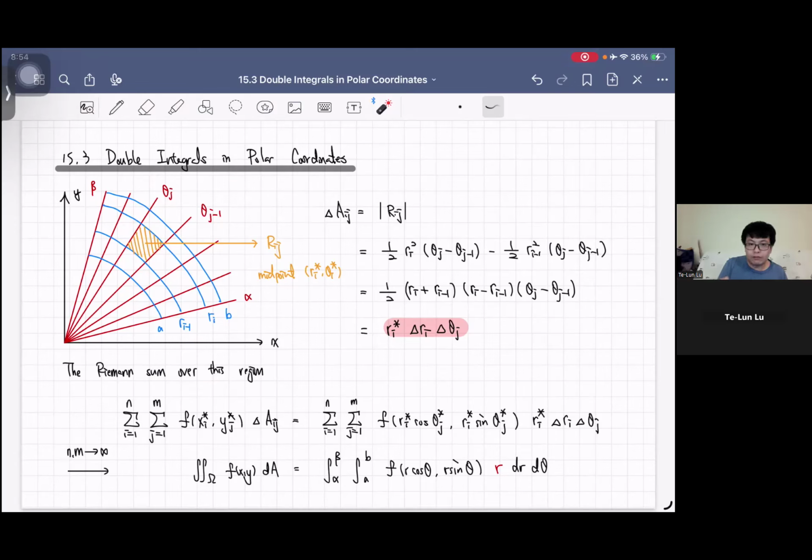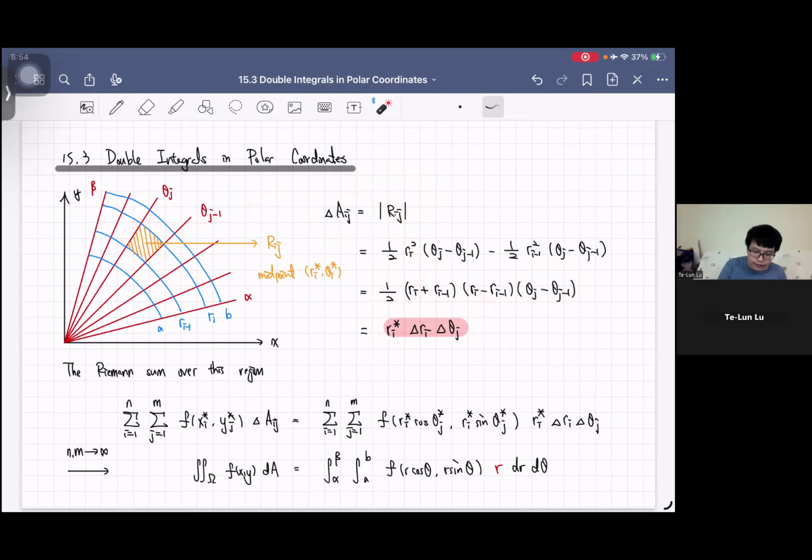If we denote for convenience half of r_i plus r_{i-1} to be r_i star, the midpoint basically, then the area of this fine region is given by r_i star, the midpoint of r_i and r_{i-1}, together with delta r_i, the difference between the partition points r_i and r_{i-1}, and delta theta_j. So this yellow region has this area.